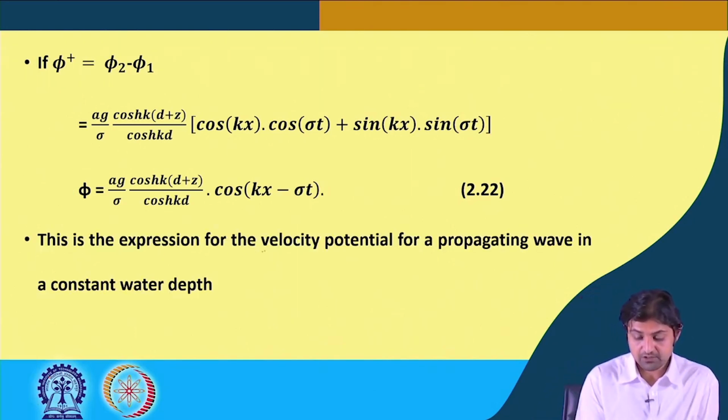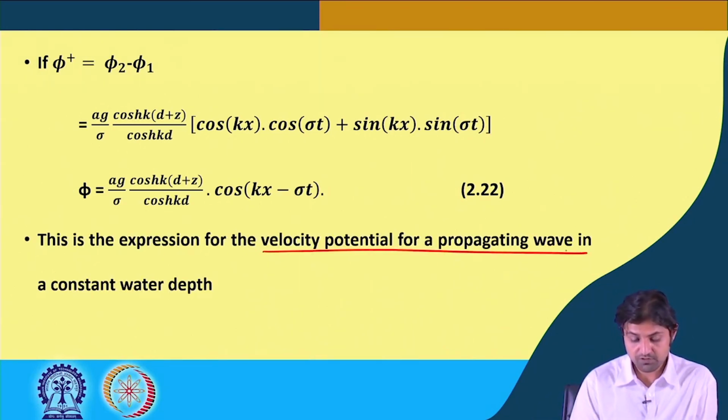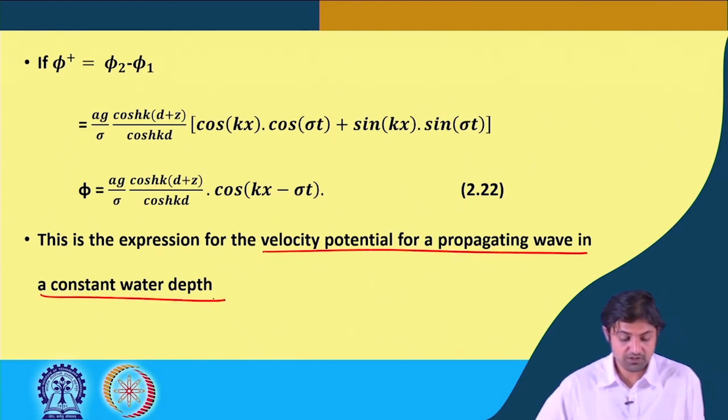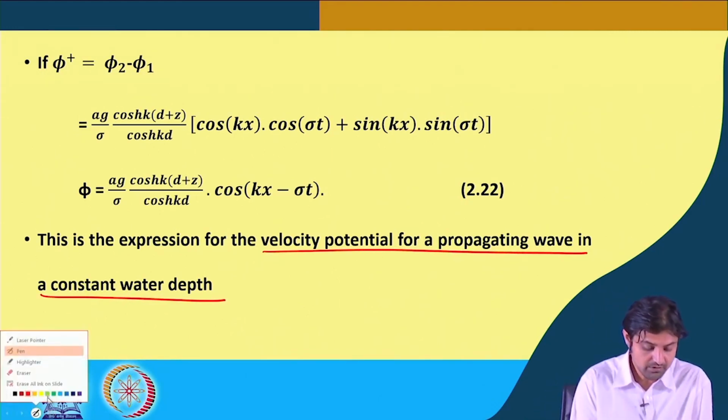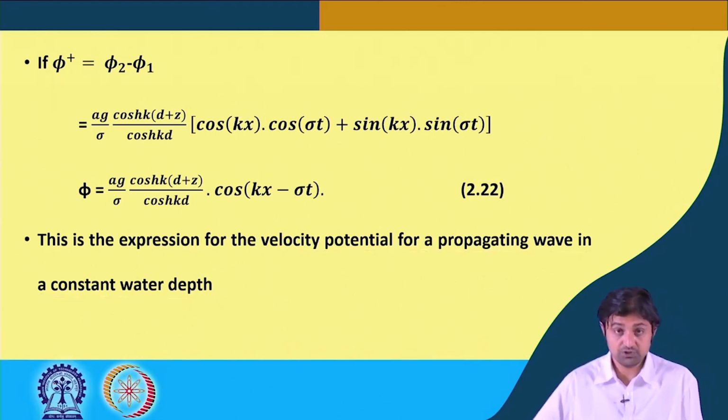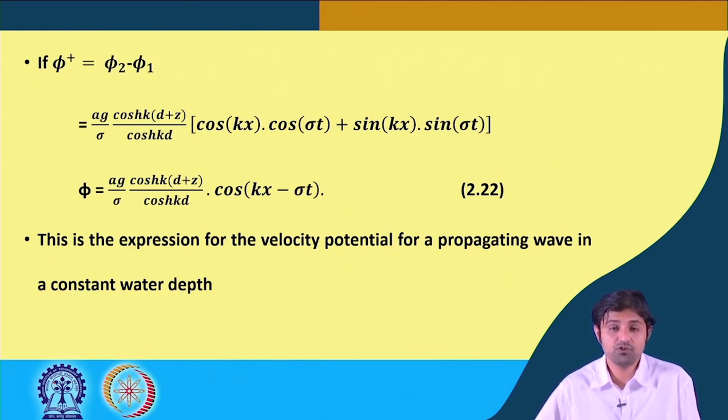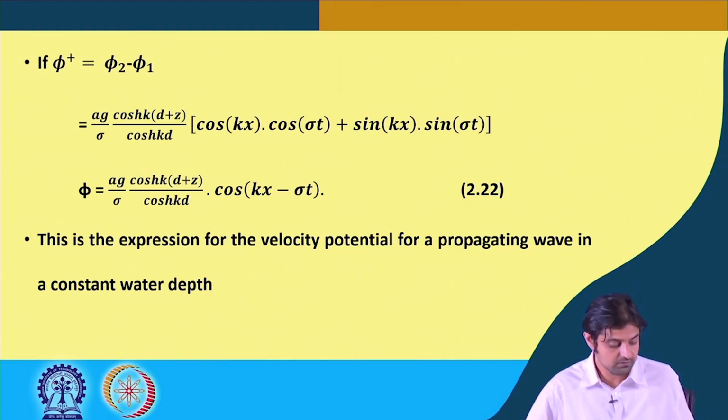As I said, this is the expression for the velocity potential for a propagating wave in a constant water depth. So, this is at one particular constant water depth, the velocity potential which we have derived purely from hydraulic assumptions and conditions.